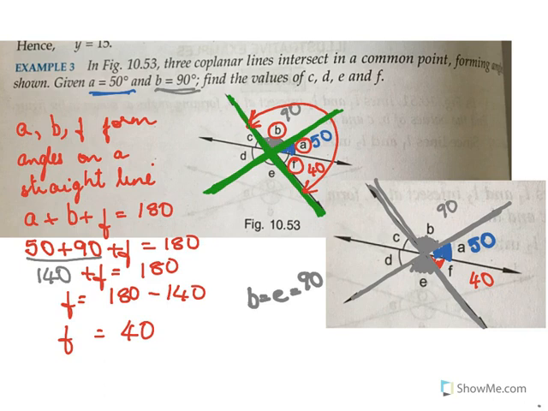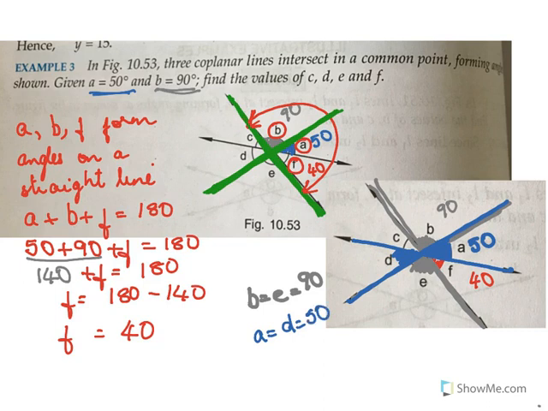Now let's see who's vertically opposite to A. So here is A. We have to draw this line and this line to find it. Vertically opposite to A, we can see, is D. So we have A equal to D, which should be 50.